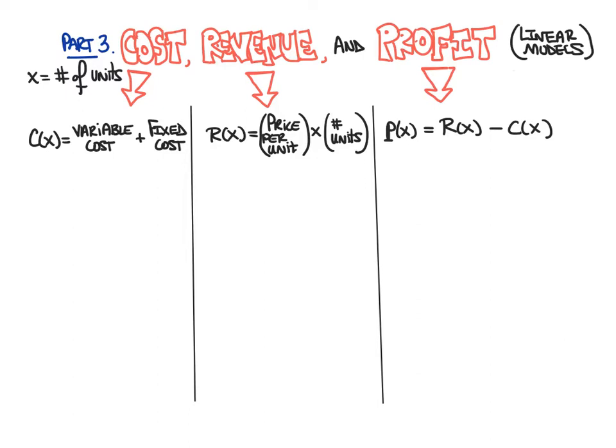There's going to be a cost associated with creating those products. Now for the company, there will be a variable cost that will depend on how many iPhones they're actually creating. So generally, there'll be a quantity, we'll call it M, that will represent the cost to create one phone. So if we're trying to find the total cost for them to sell X phones, you'll multiply M by X. And let's suppose this is every day.